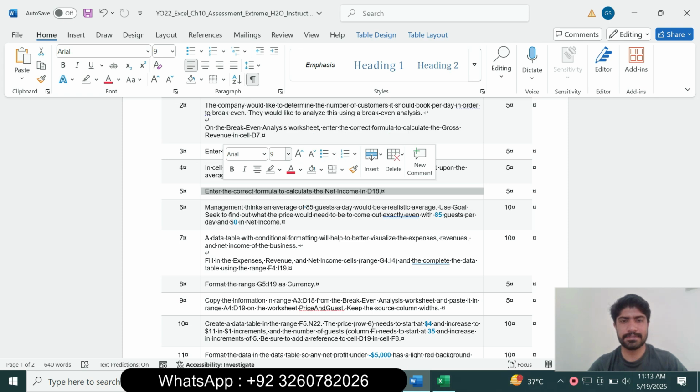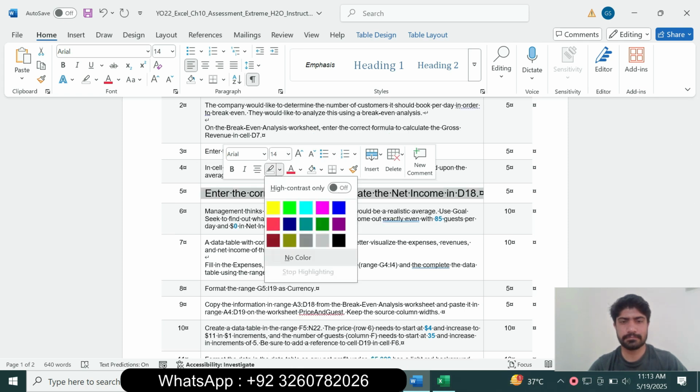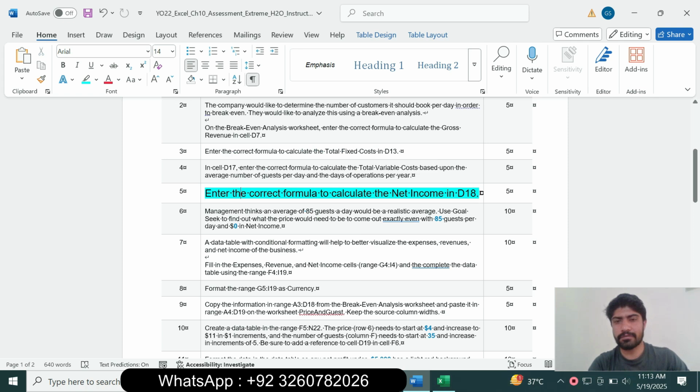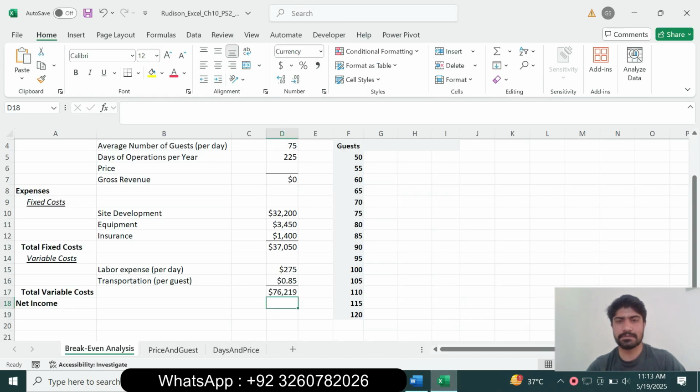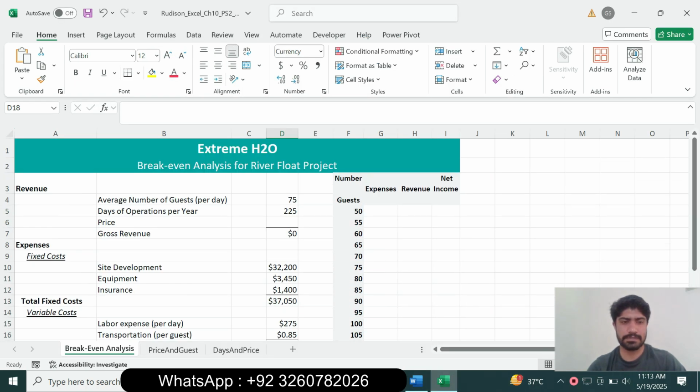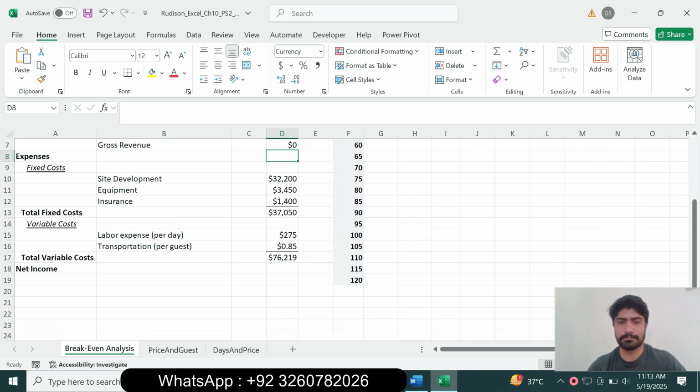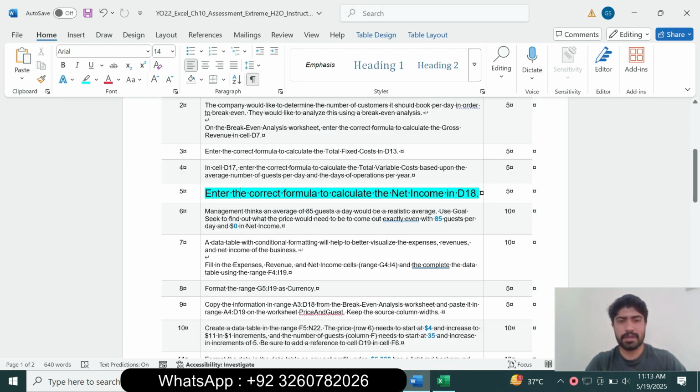Question number 5 is to enter the correct formula to calculate the net income in D18. So select the cell D18 and enter the correct formula to calculate the net income in D18.